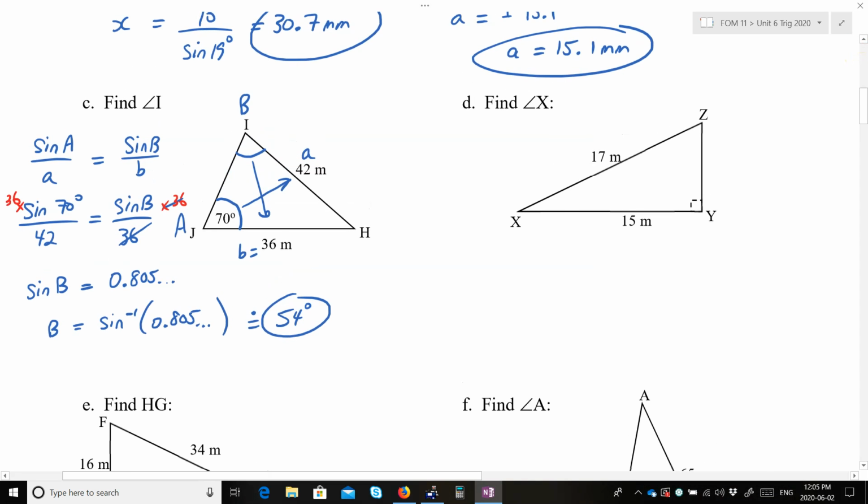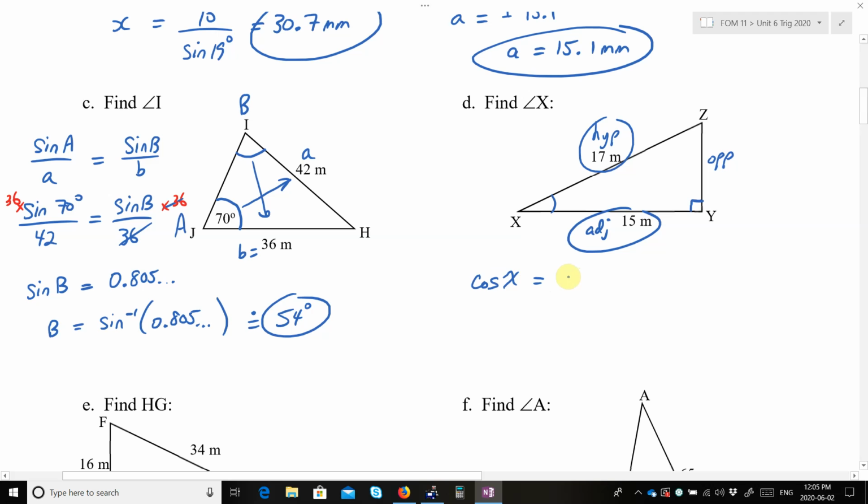Okay, letter D, they want us to find angle X. We have a 90-degree triangle, so that means Pythagoras or SOHCAHTOA. Pythagoras is only good for finding sides, so we're going to use SOHCAHTOA. And so if we want to find angle X across from it, this is the opposite side. Across from the 90 is the hypotenuse, so this must be adjacent. So we're going to have to use adjacent and hypotenuse, and that is the cos ratio.